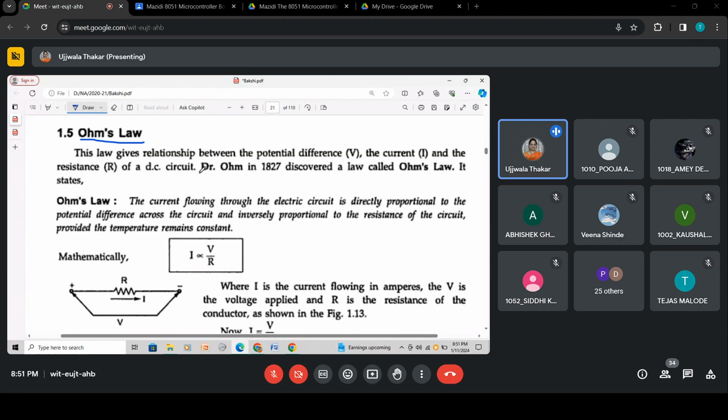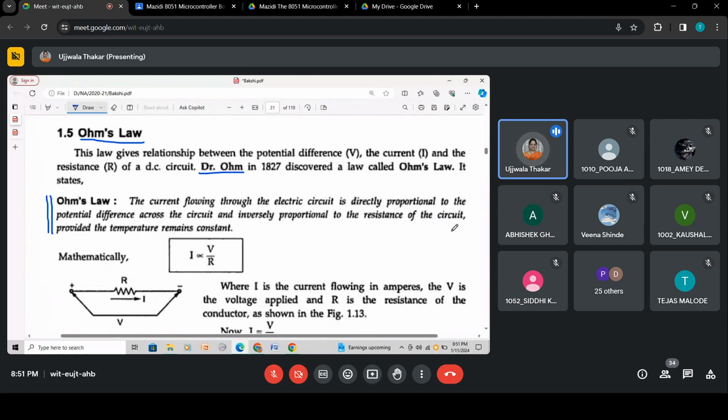It was given by Dr. Ohm. I will read it for you.